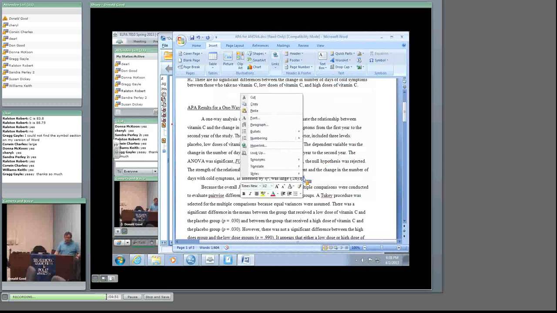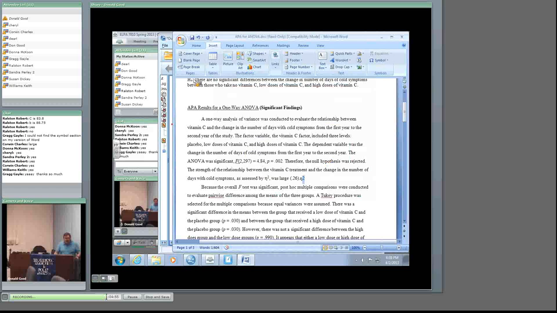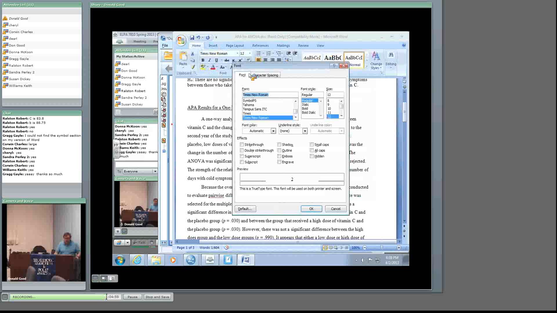There it is. You can right click, but I'm not going to do that. Go to Home and Font, and one of my options is Superscript. It's the same way. It's literally an exponent. When I click OK, yep, there's my eta squared.